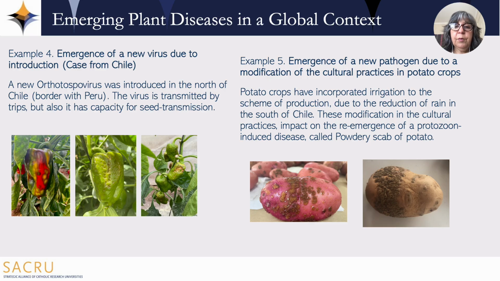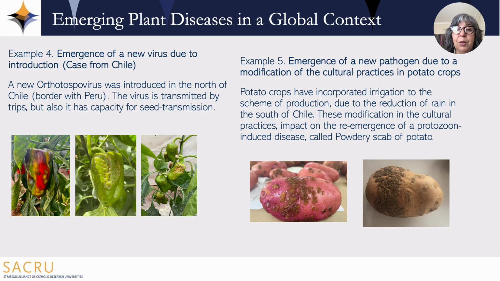The other example of an emerging plant pathogen in Chile is in the pictures of the potatoes on the right side of the slide. The pathogen is called Spongospora subterranea, a really difficult name.